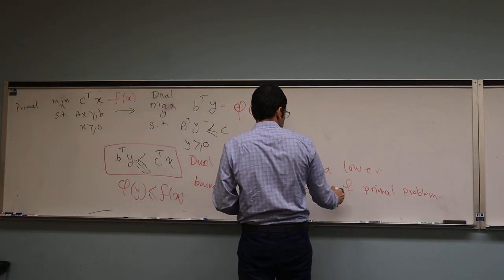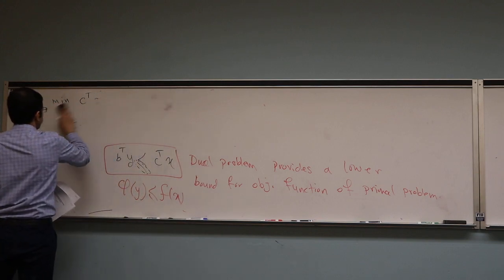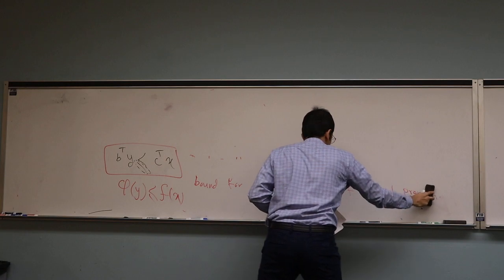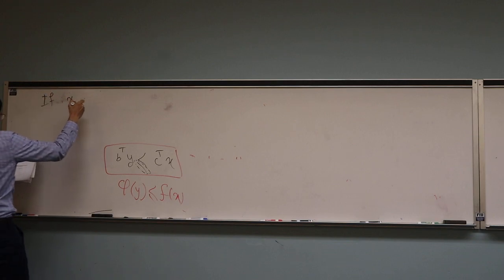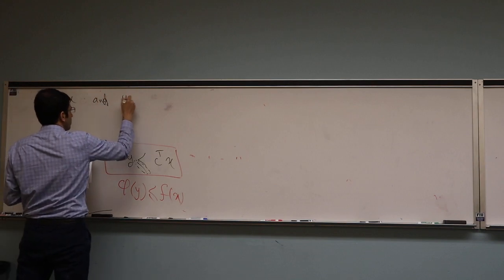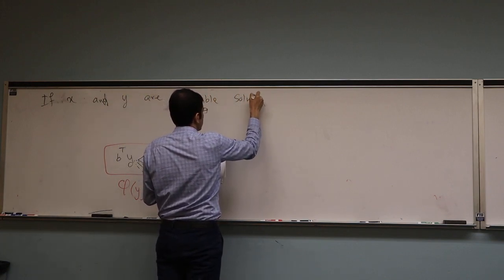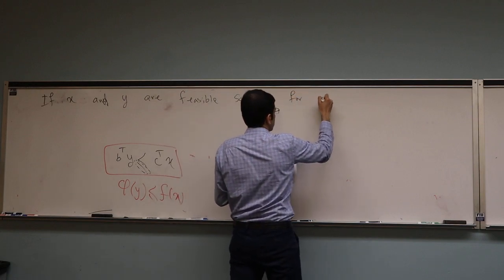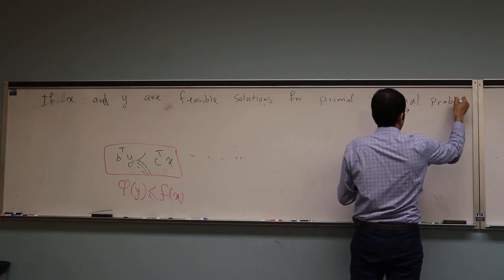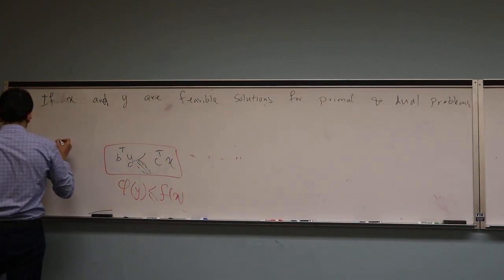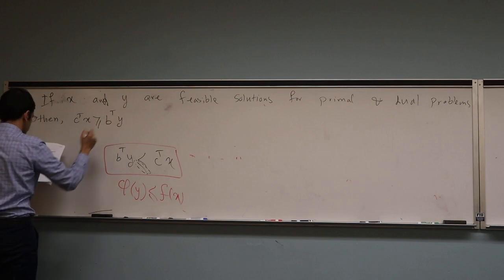So, let's keep this as it is. So if x and y are feasible solutions for primal and dual problems, then C transpose X is greater than or equal to B transpose Y. And what do we call this?